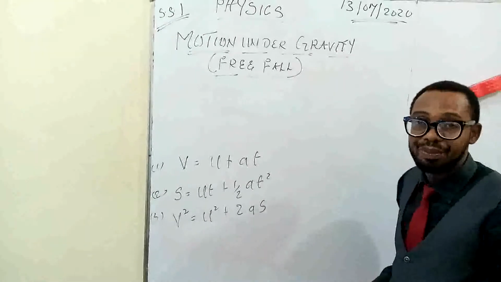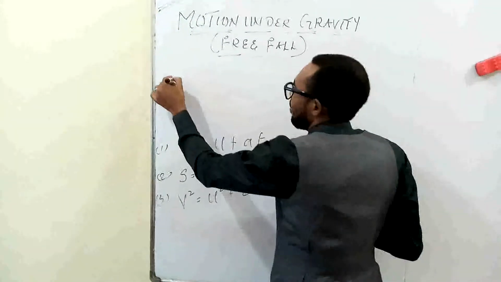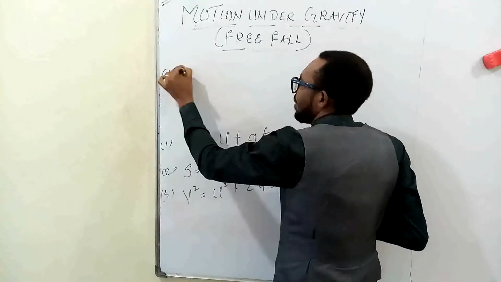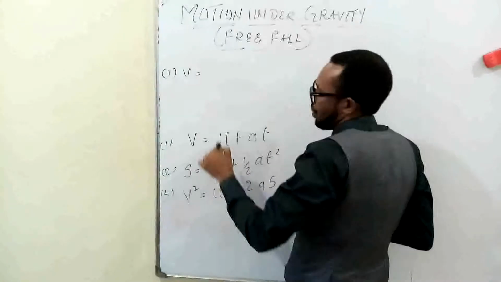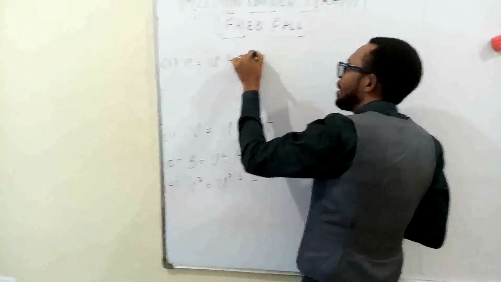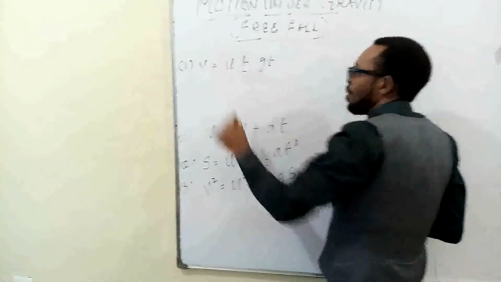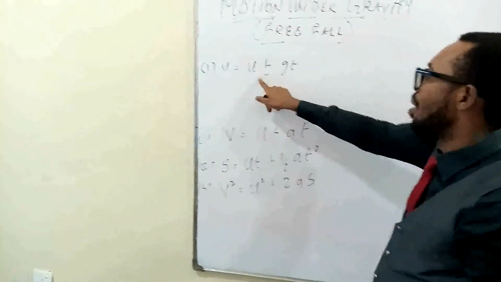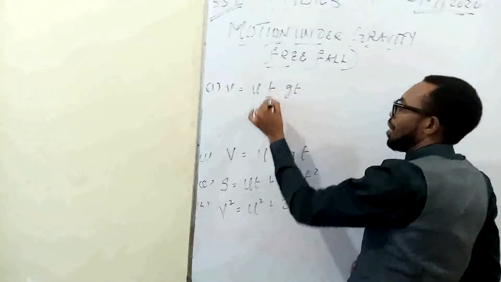So the first equation of motion under gravity is V = U plus or minus GT.